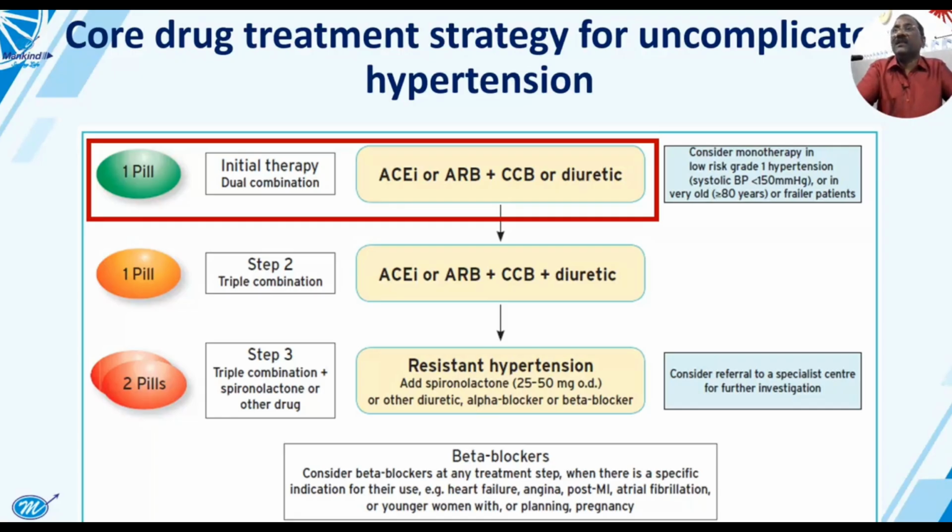We have the 4 pillars in the management of heart failure. What are they? 4 pillars. One is ARNI. Second one is SGLT inhibitors, mineralocorticoid receptor antagonists, beta blockers. Which beta blockers? Do you use propranolol or atenolol? Cardioselective beta blockers, like bisoprolol, carvedilol, etc.